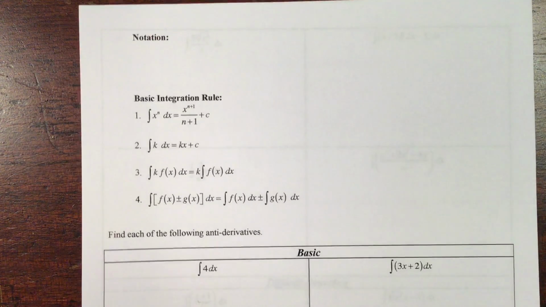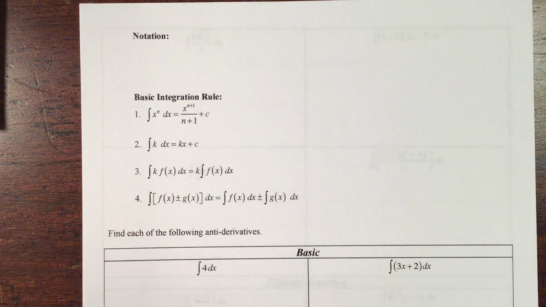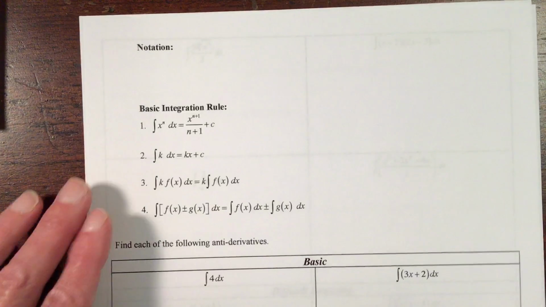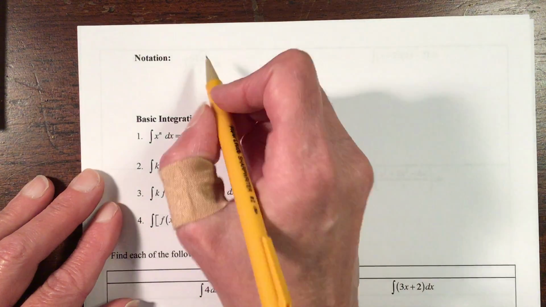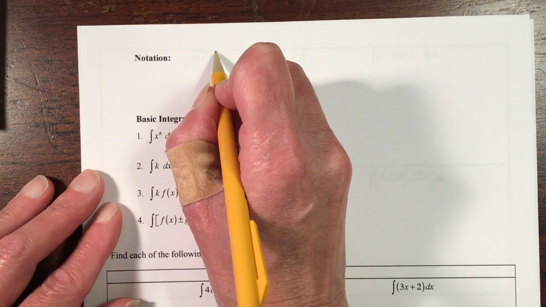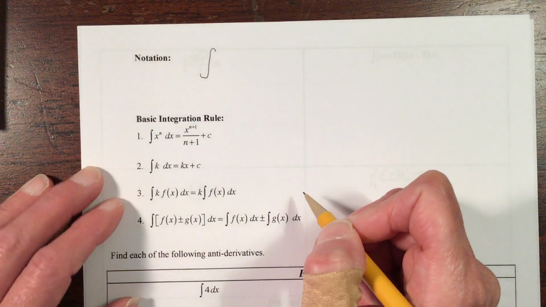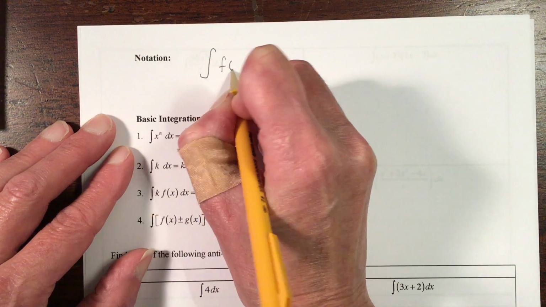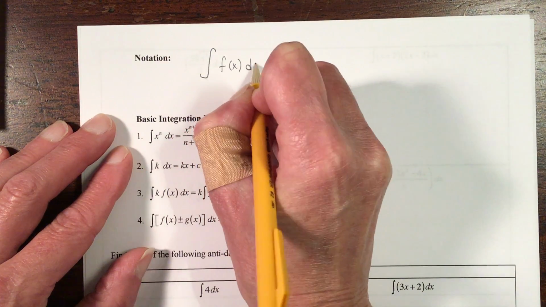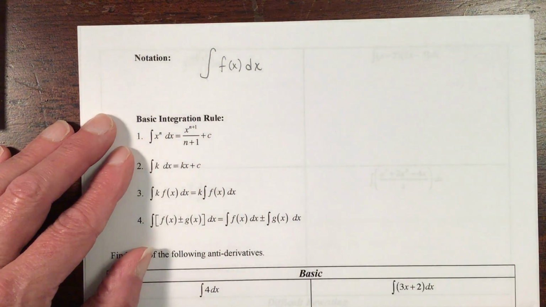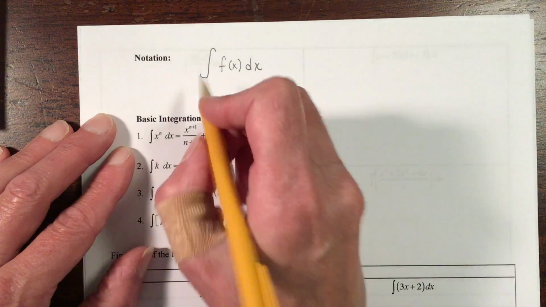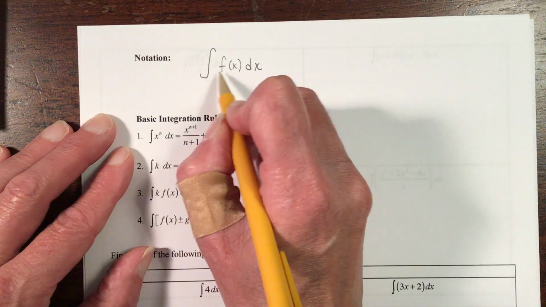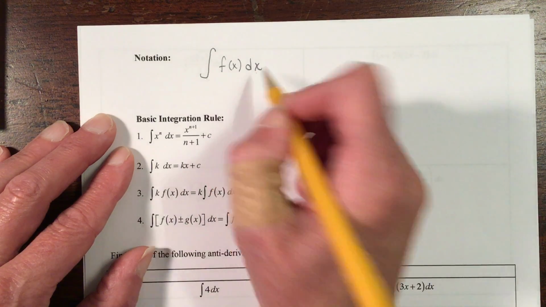First and foremost in math, every time we learn something new, we have to talk about the notation we're going to use. Okay, so now I'm sure you guys have seen that sign before. Okay, this sign is an integral sign, and basically when we're dealing with types of problems, we're going to be seeing something like that, where we'll have an integral sign, then some sort of function, and then dx.